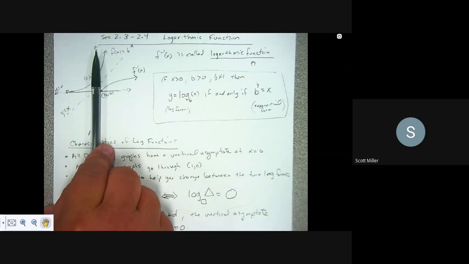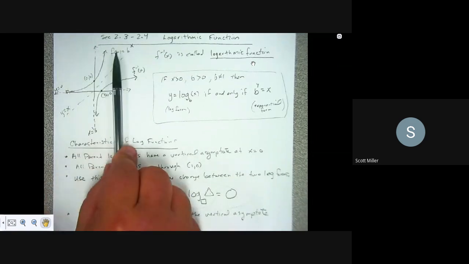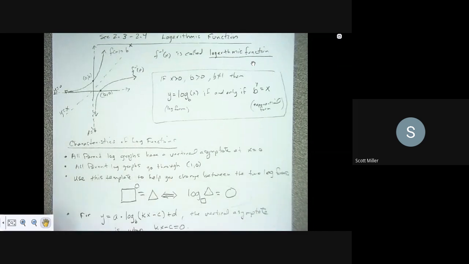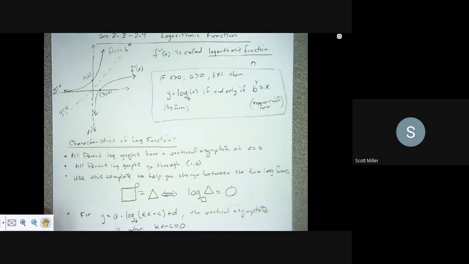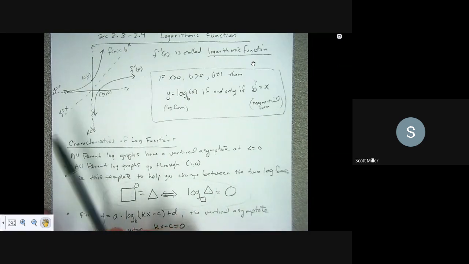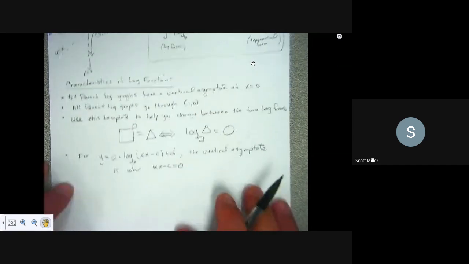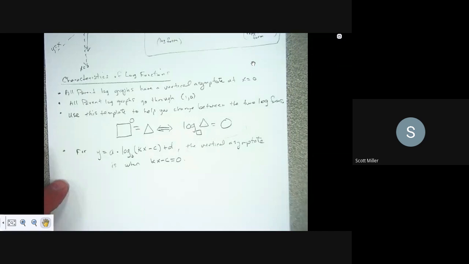So if I have a right or left shift, the vertical asymptote will shift with that also. Remember when you're graphing a log function that you use a dotted line to represent the vertical asymptote, and you label the vertical asymptote. It's always an x equals, and it's required when you draw your graphs for me. So that's some characteristics that we want to be aware of. As we come across more, we can add to this list.